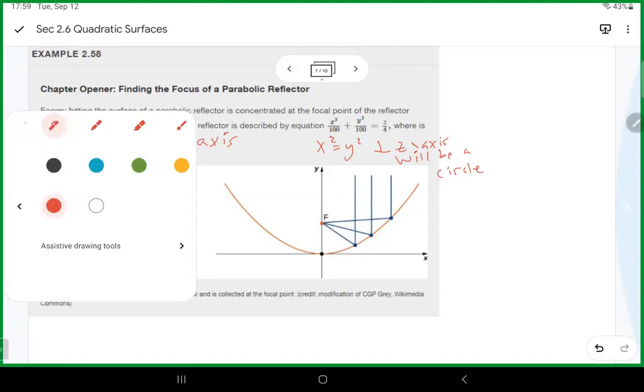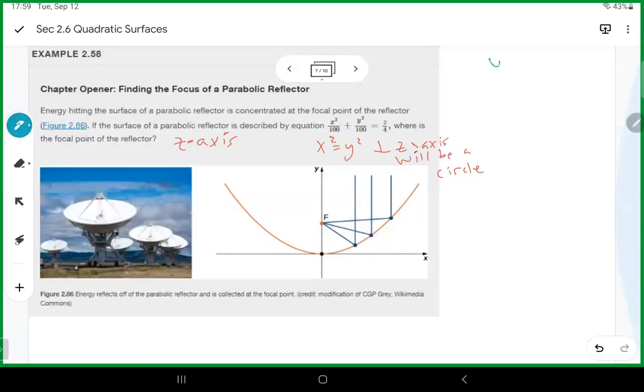So let's set y equal to 0. The trace is a parabola opening up along the z-axis, and we would have x squared equal to 100 times z over 4. We're trying to find the point.